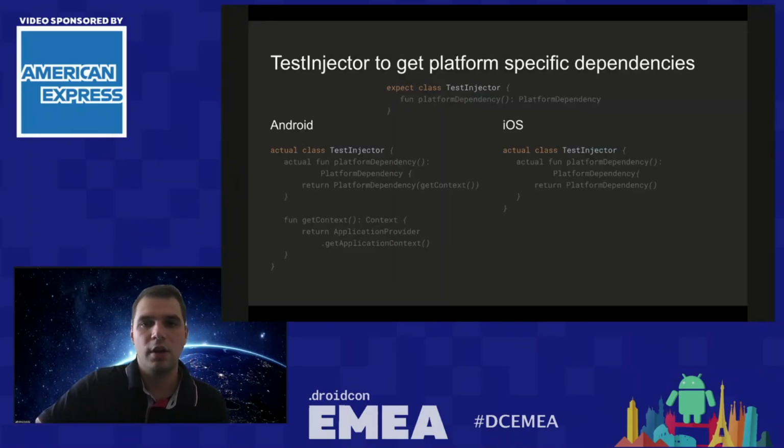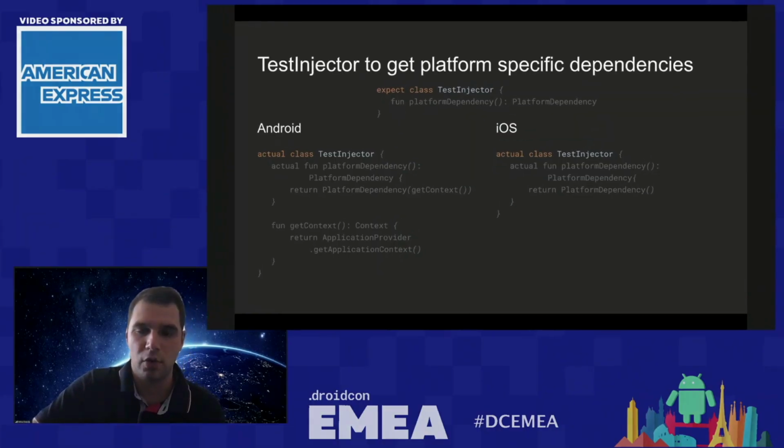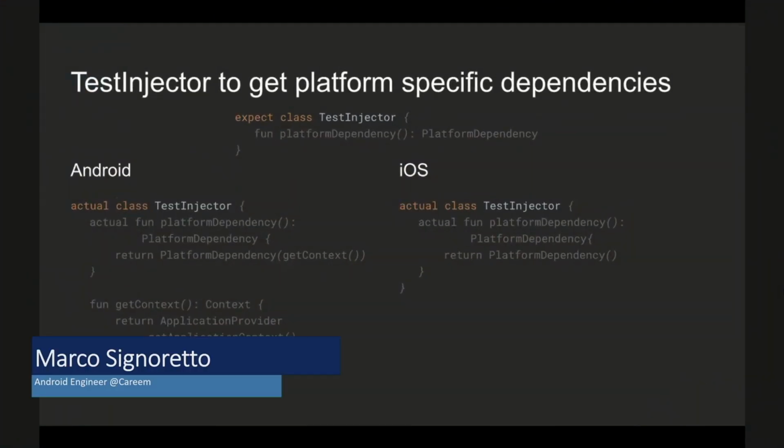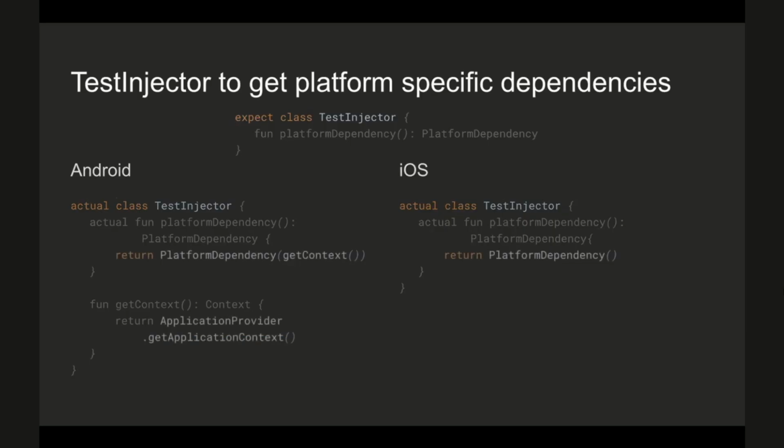So let's have a look at how we can abstract from the platform dependencies. Platform dependencies are different in Android and iOS, in the sense that on Android, we probably need the context or the application context in some cases, like for the database or other things.